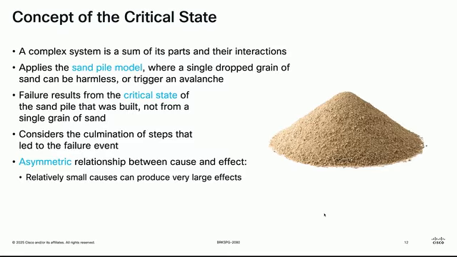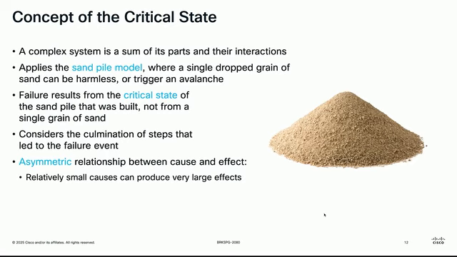And so this concept of the critical state is often best represented by what's called the sandpile model. And in the sandpile model, random grains of sand, one by one, are dropped on a tabletop, right? A sand pile forms, and at some point, and it depends on the state of the sand pile, the next dropped grain of sand will either be harmless or trigger an avalanche. Okay?